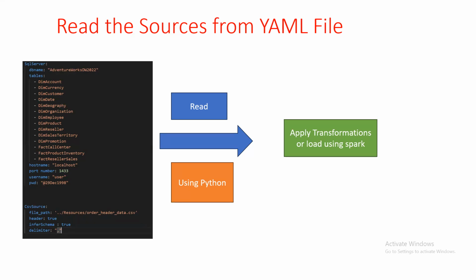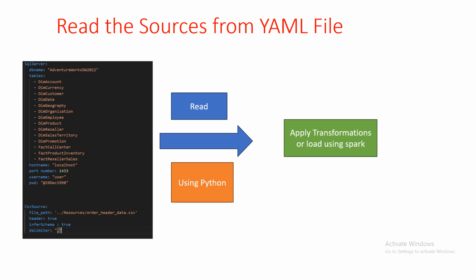In the YAML file, as you can see, they will give the sources. It may be a database or a CSV file kind of source. They give us the location, which tables we need to target, and which schema we need to consider.